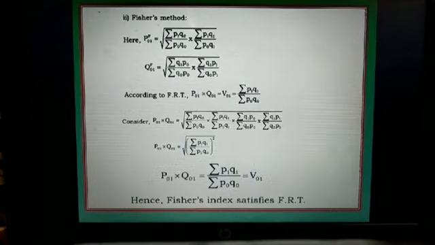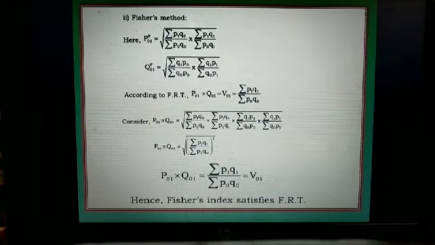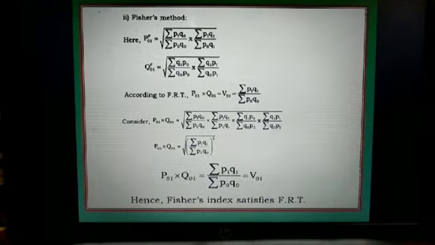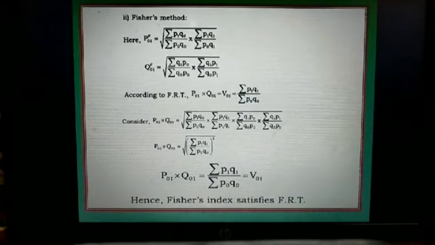Here also multiplication by 100 will not be present, as we have observed in case of TRT. That means in terms of the time reversal test and factor reversal test, that constant of proportionality is not being written, in the sense it's not being multiplied by 100.